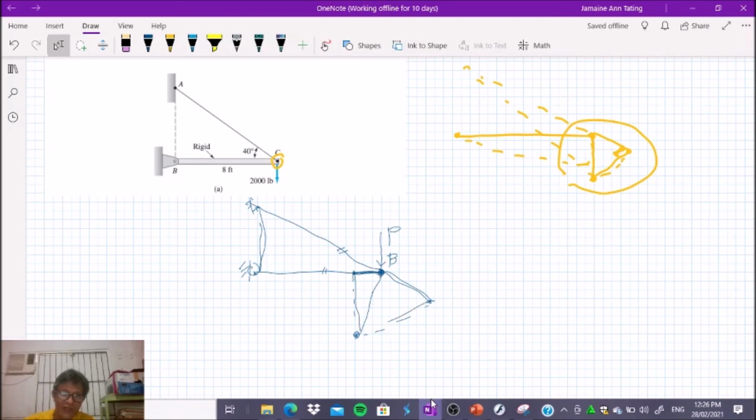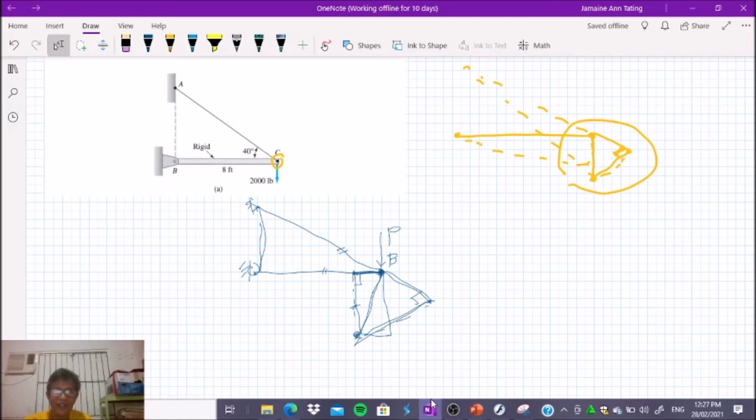Basta ito, gagawin niyo ito, 90 degrees dito. Then 90 degrees din dito ito. Ngayon ito, hindi pa ito yung downward movement ng B. Ito kasi yung downward movement ng B. Okay? So ngayon, paano mo kukunin yung angle?